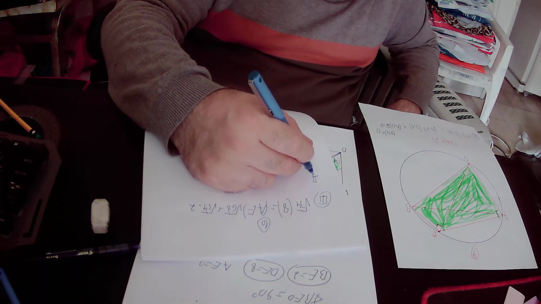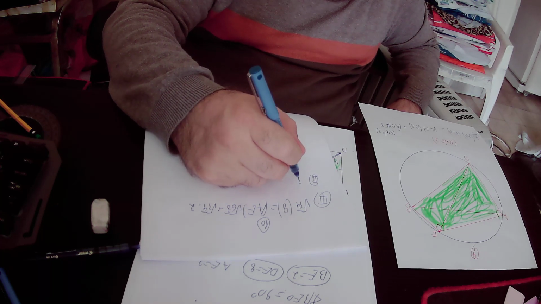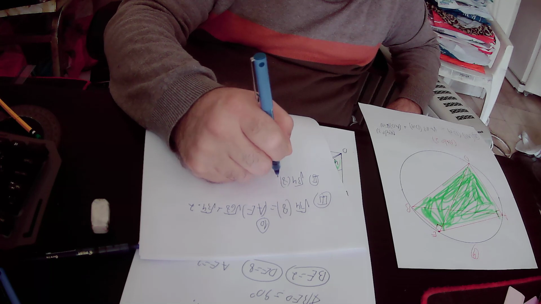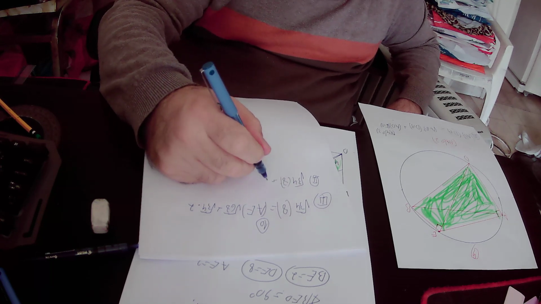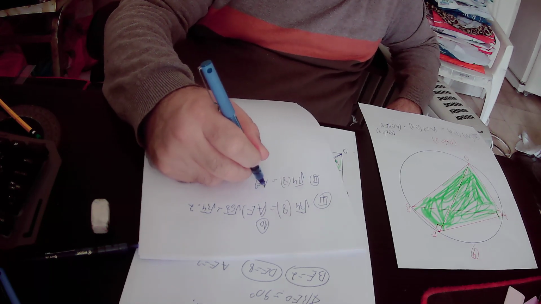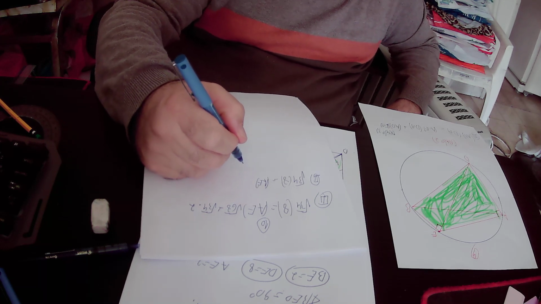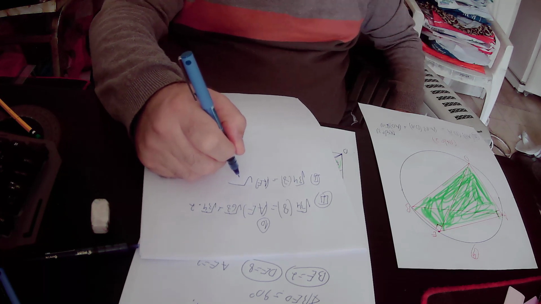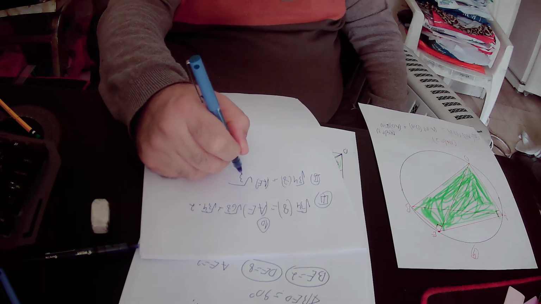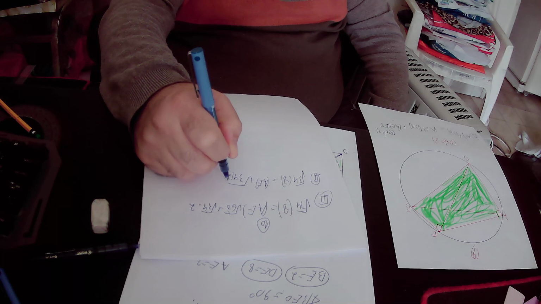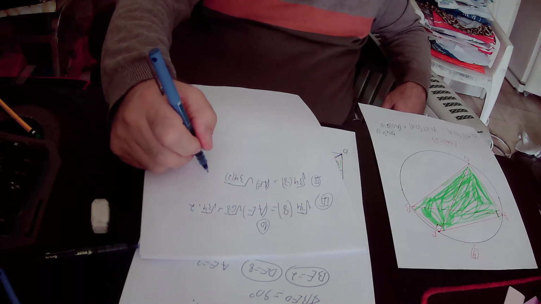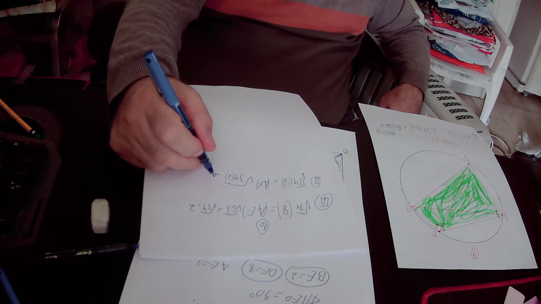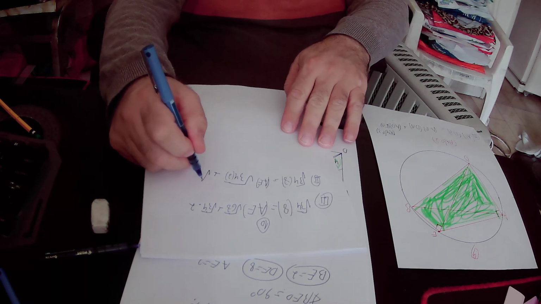We get that square root of 34 times 8 equals AE, and instead of 68 we can write down 34 times 2, plus square root of 34 times 2.